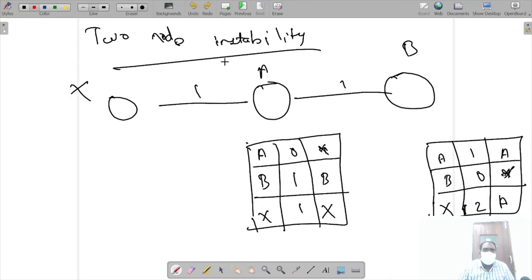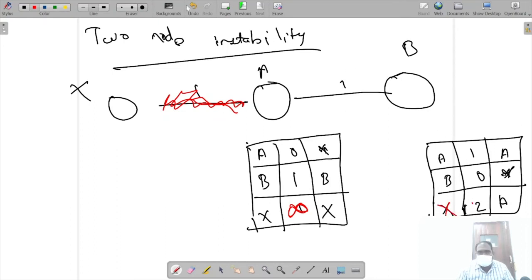Now the problem occurs when, let's say, this connection is broken. Now the distance to X is infinity because we are not connected to X. Now B is advertising that I can reach X at a distance of 2.